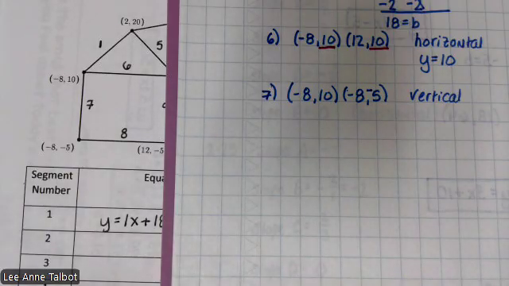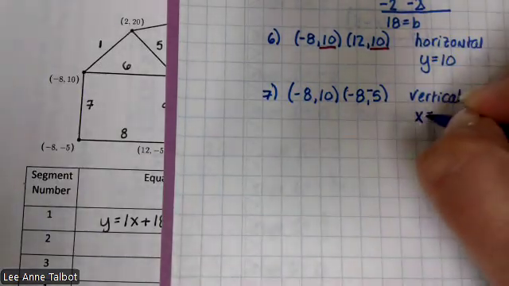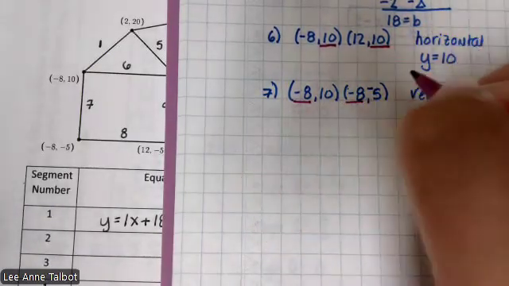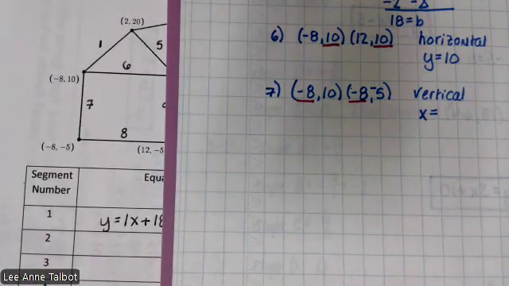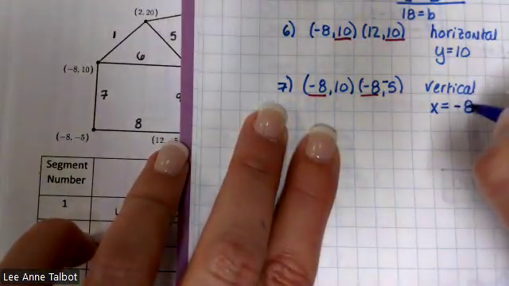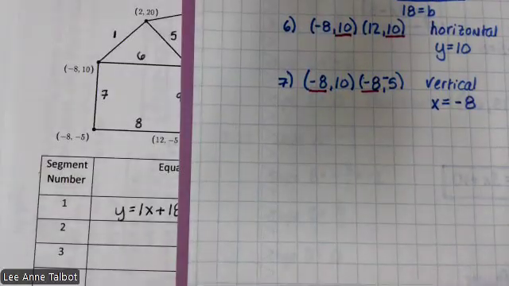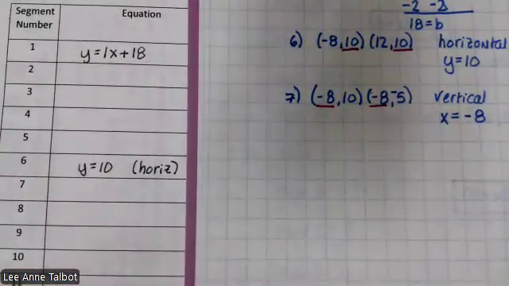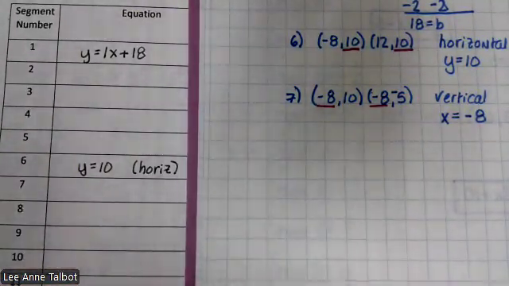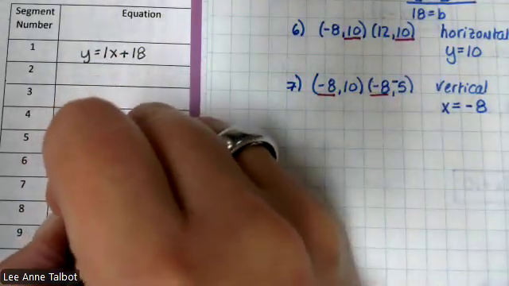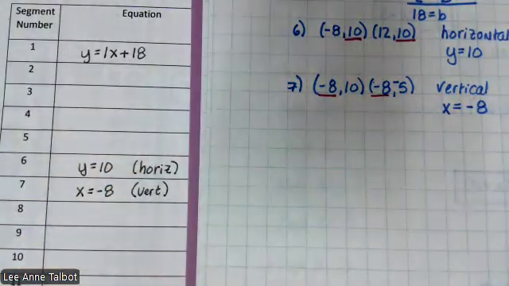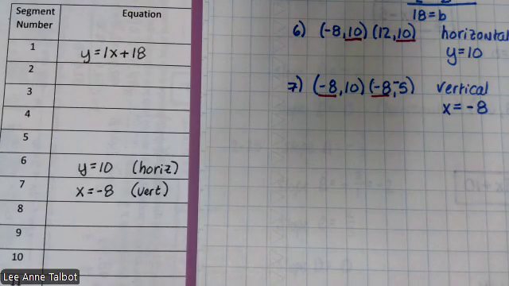Okay, now we know vertical equations are x equals and whatever the x is. So I need to notice that the x's are supposed to match, and they do. So the equation is x equals -8. Okay, so for my vertical ones, it's x equals, just going to make myself a little note that that's vertical.